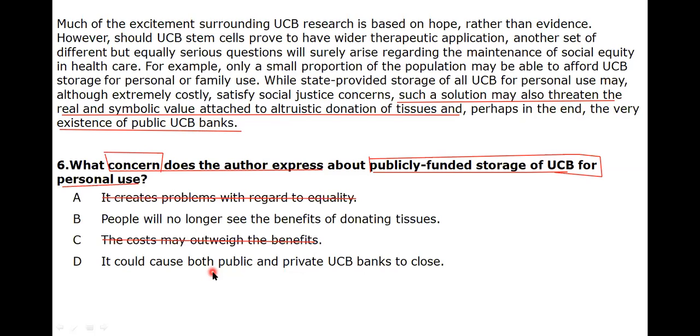So with that, you can rule out D as well because it will threaten the symbolic value attached to it. People volunteer or donate something because they see that they are working for the benefit of others. But when you get to know that the others are not going to get it for free, they are going to be charged for it, you would no longer see the benefit of donating it.